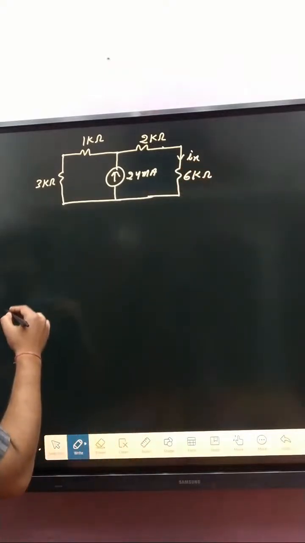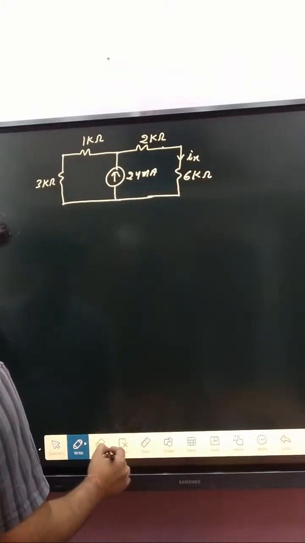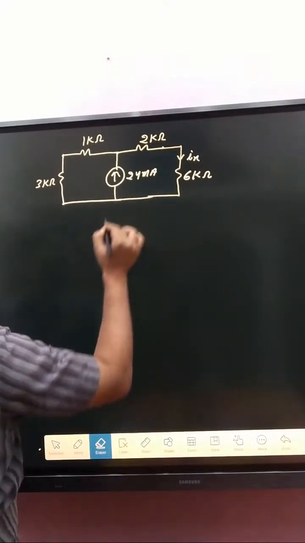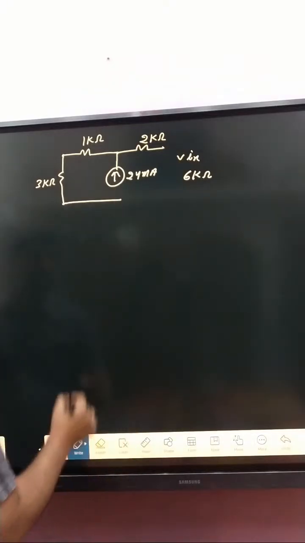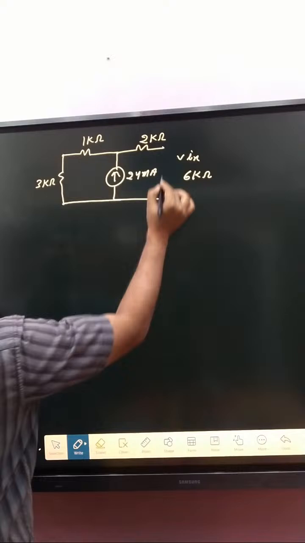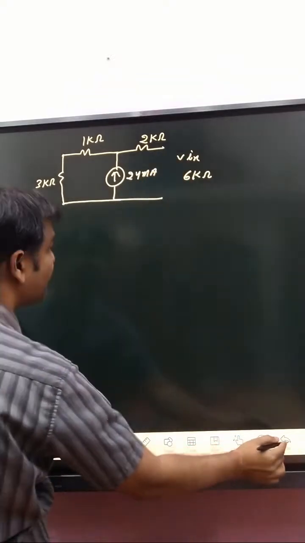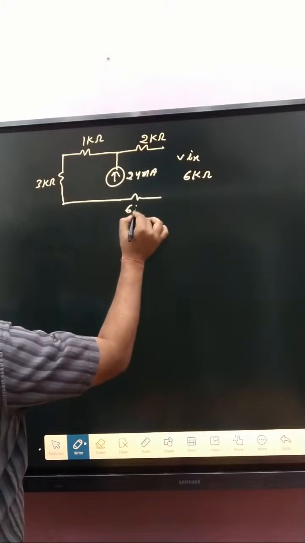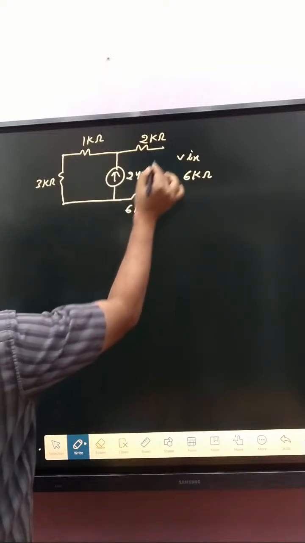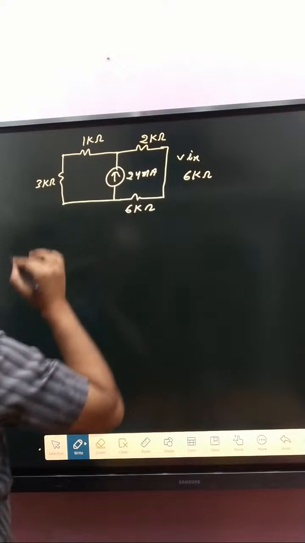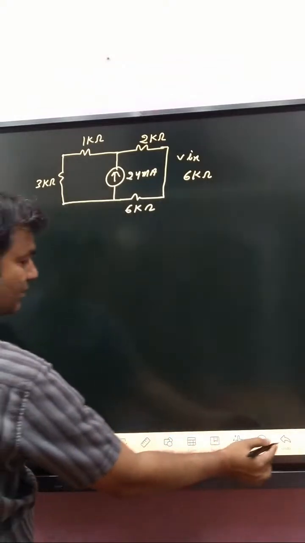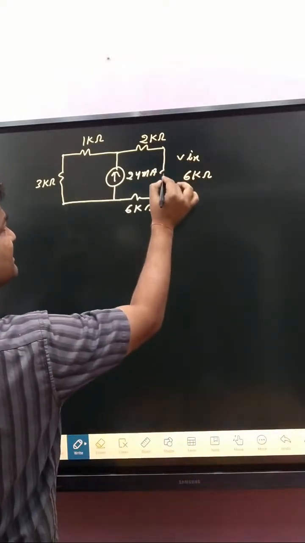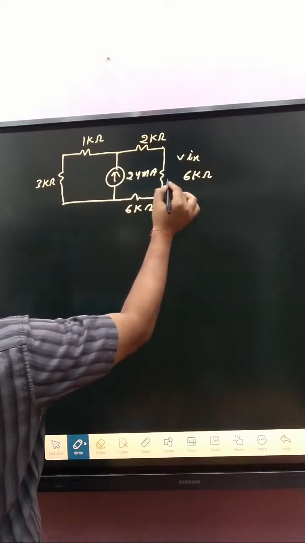Okay. And here basically this one is how much? 6 kilo ohm. Okay, that one is connected here, and after that, that one is connected here. Okay, basically that one's resistance is also 6 kilo ohm.